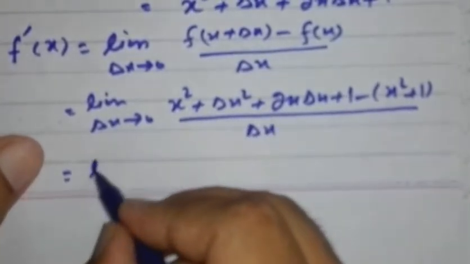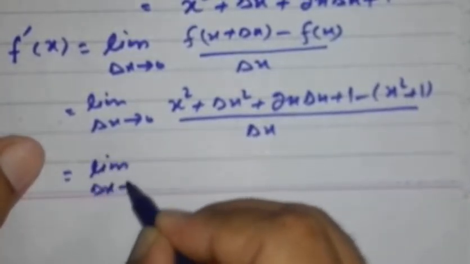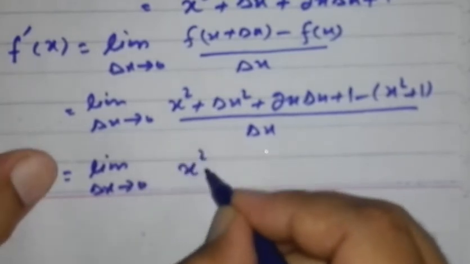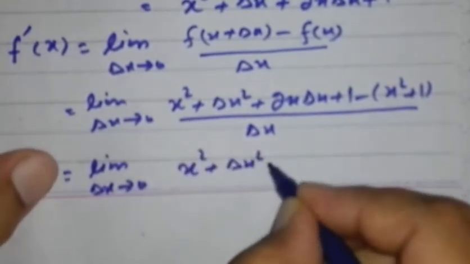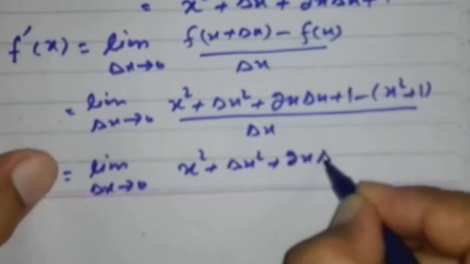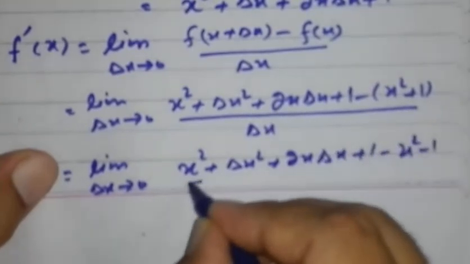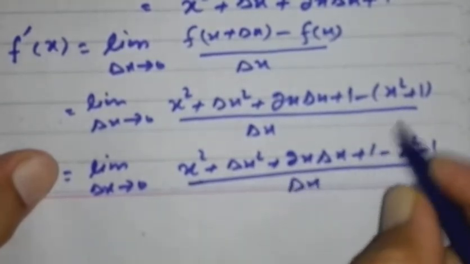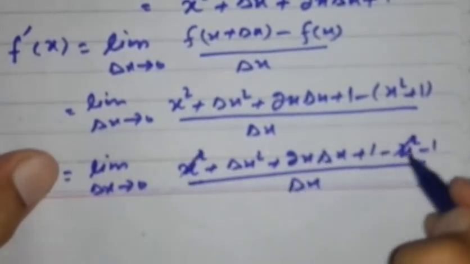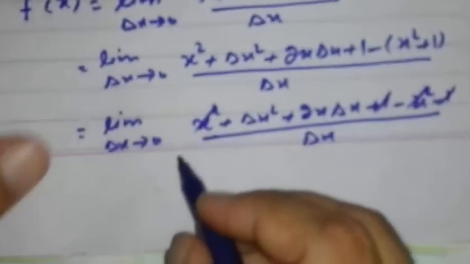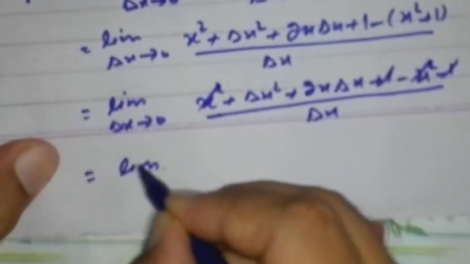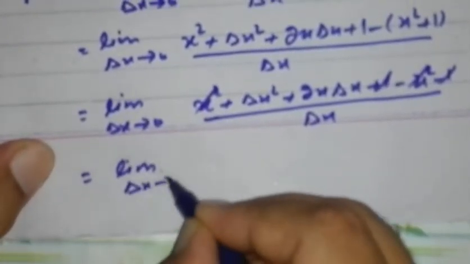Now look here. Limit delta x tends to 0 of x square plus delta x square plus 2x delta x plus 1 minus x square minus 1, divided by delta x. X square cancels with x square and 1 cancels with minus 1. Here remains limit delta x tends to 0.